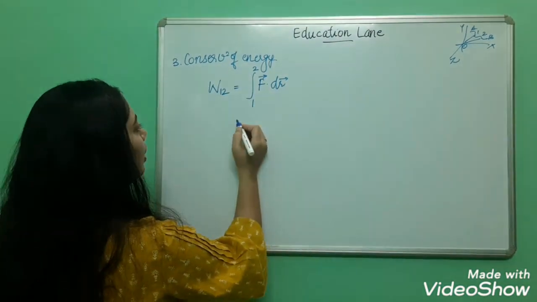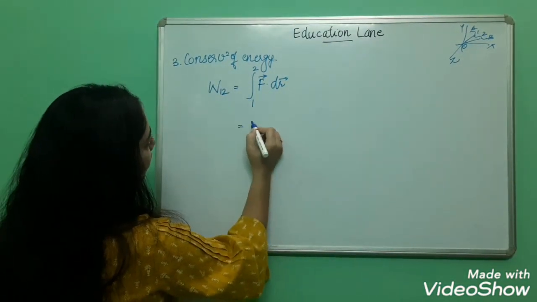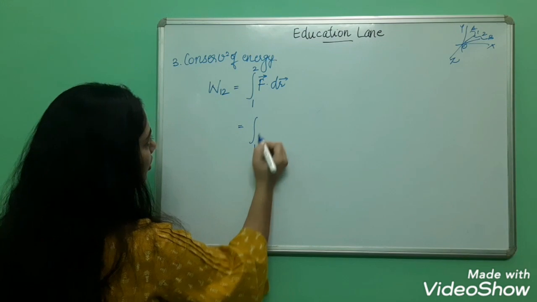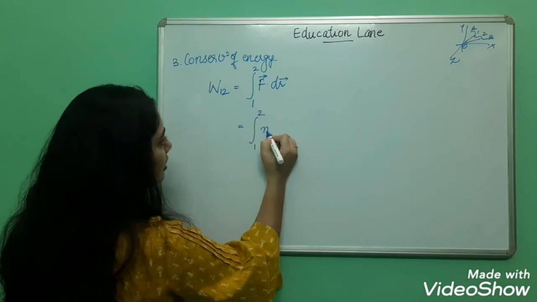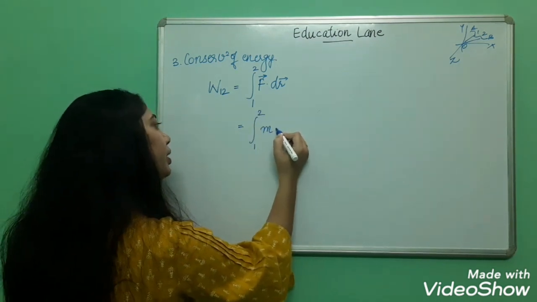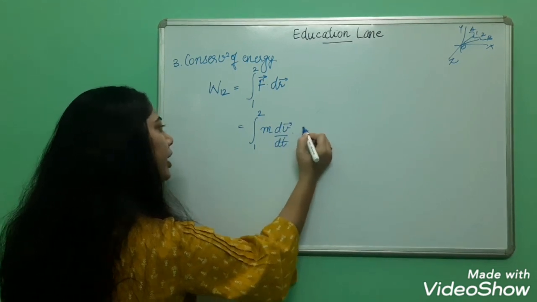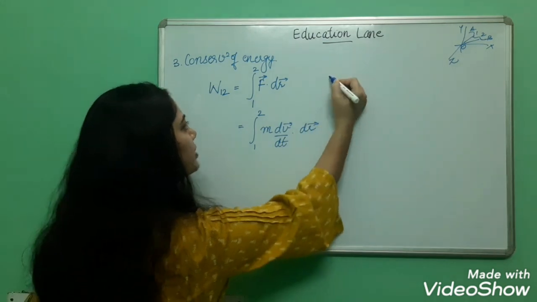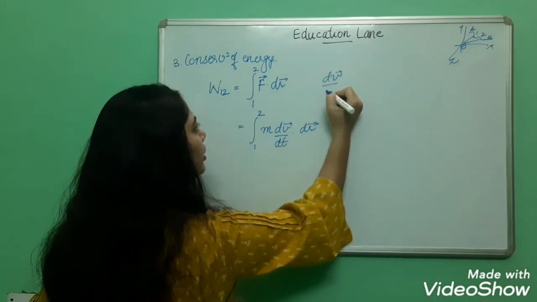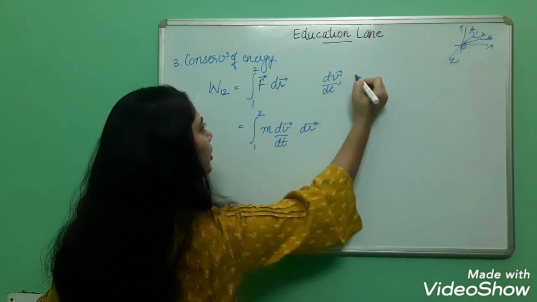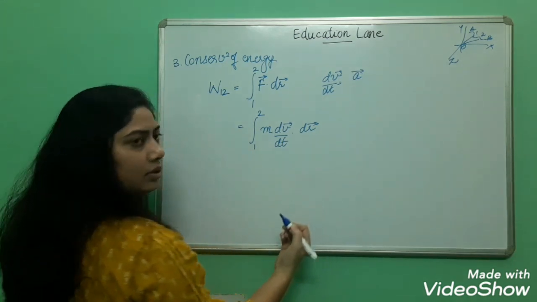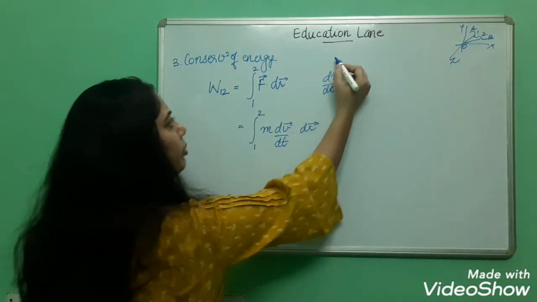What is force? Force is m dv by dt. What is dv by dt? It is acceleration. F is equal to ma.